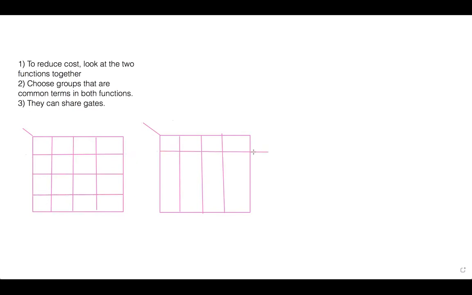Okay, and we're going to have our function and another function here, and we're going to have 4 columns each. Okay, and then we're going to do 4 rows for each one. 1, 2, 3, 4. 1, 2, 3, 4.